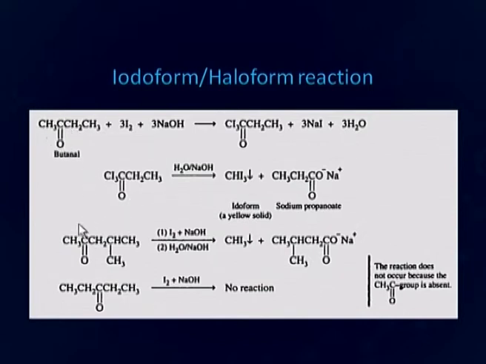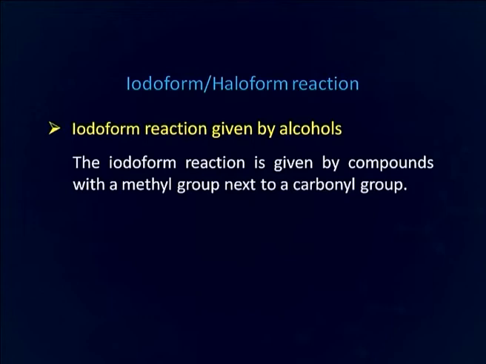In this case also there is a CH3CO group. But if you look at 3-pentanone, do you find any CH3CO group here? This molecule does not have any CH3CO group, and that is why 3-pentanone does not undergo the iodoform reaction. The iodoform reaction is given by alcohols also.